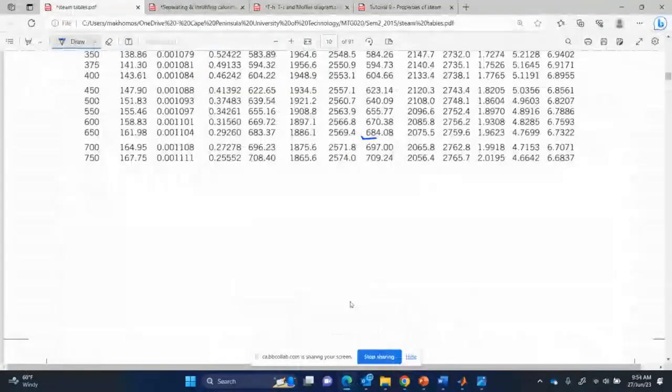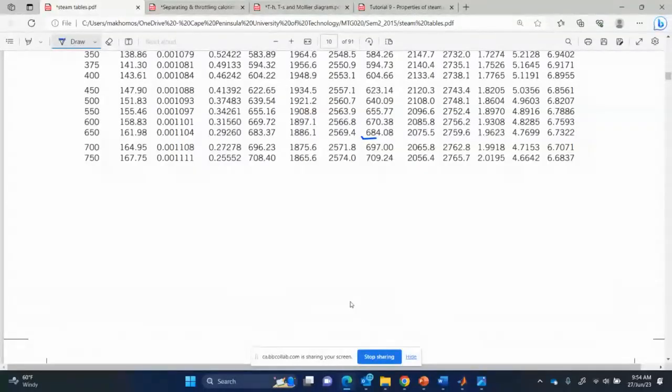For HF, it's going to be 650. Then HF at 650 and 700. And then we have HF 684.08, and then we have 697.00 at 700.